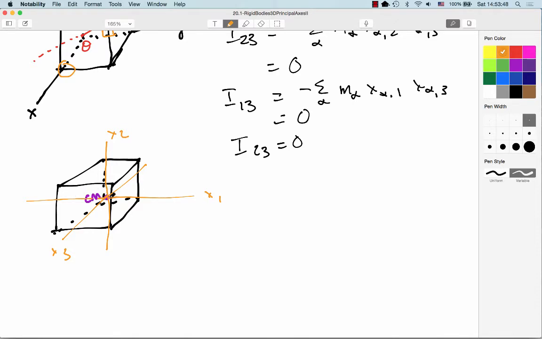Right and left here will make my I13 vanish with this choice of x2, and right and left about x3 will clearly make my I12 product of inertia vanish. And so just from the symmetry of the cube itself, we picked out the principal axes. Okay.